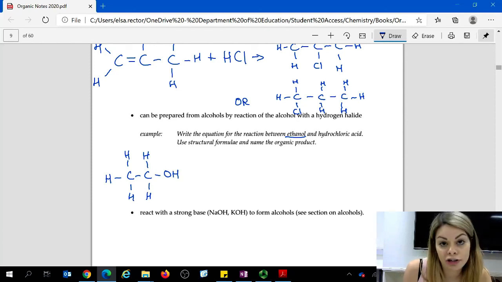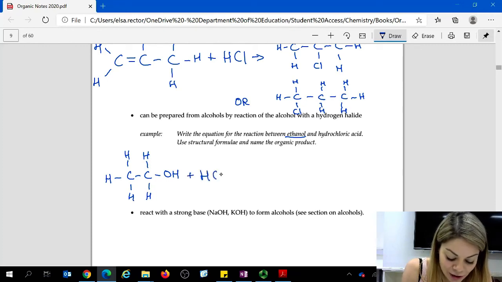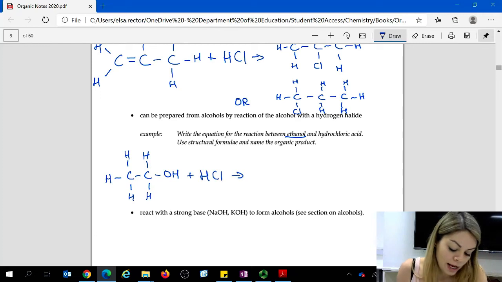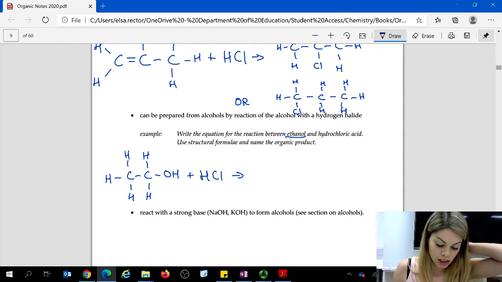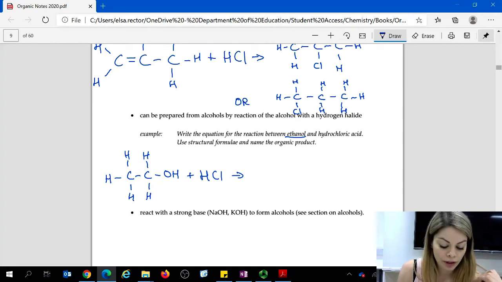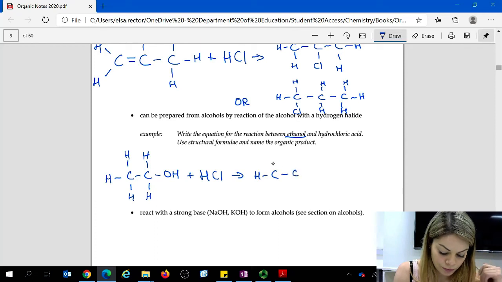Hydrochloric acid is a hydrogen halide because it's hydrogen and a halogen. Of course, that's HCl. And what happens is the OH swaps with the chlorine. So we get our chlorine there.